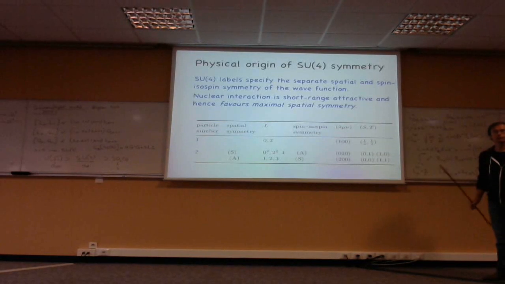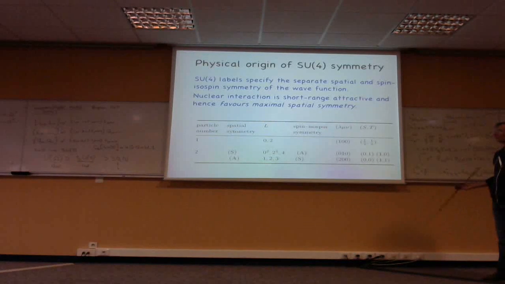that maybe the nuclear interaction is becoming further away from an attractive delta, and maybe we get more spatial asymmetry?